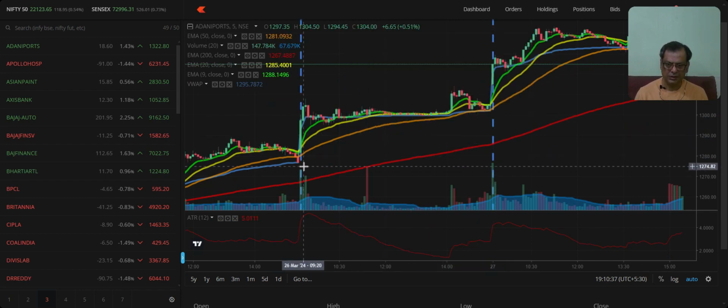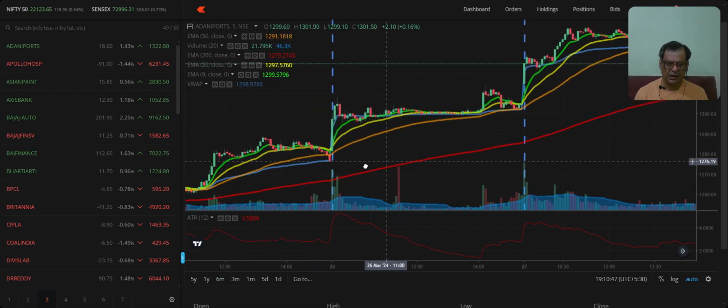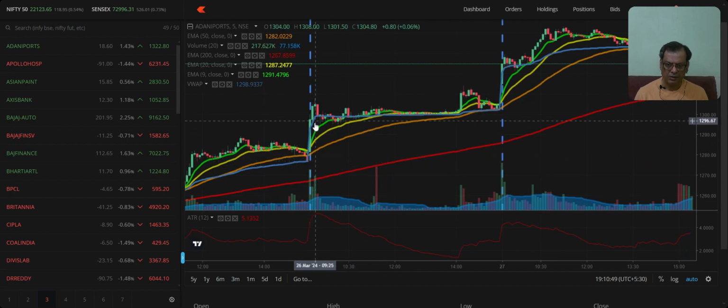Okay, so 26 March. Price goes up, crosses VWAP, and then you have an evening star formation. Price comes back, and then all the EMAs are bunched up together, with small candles.